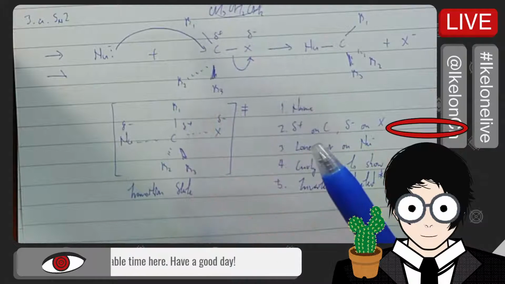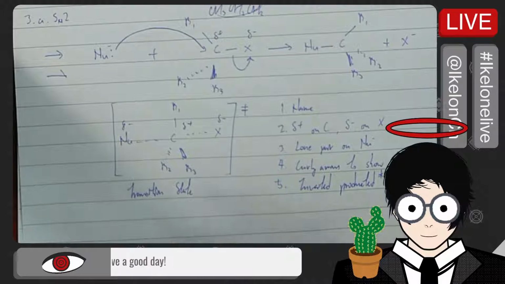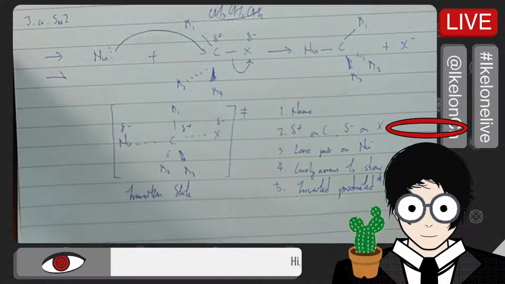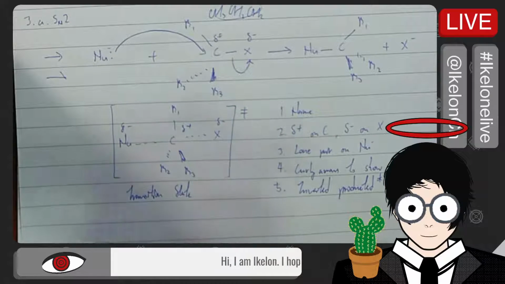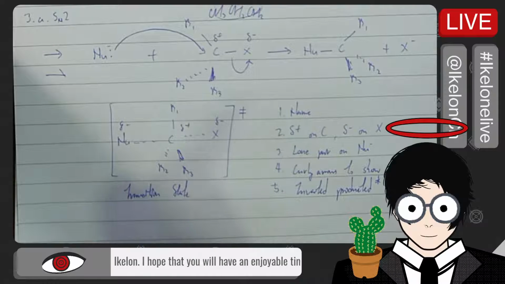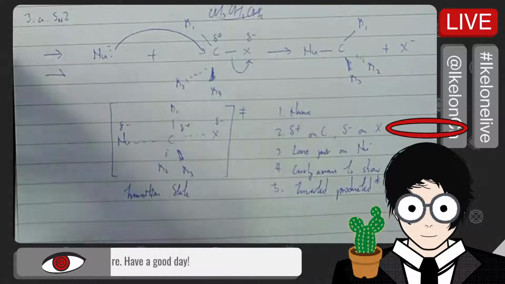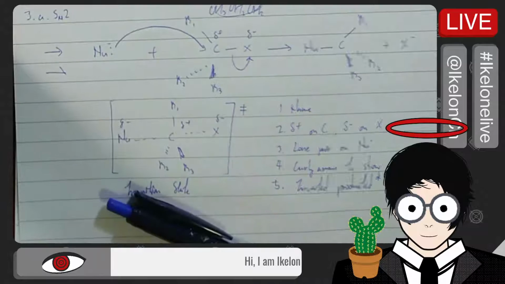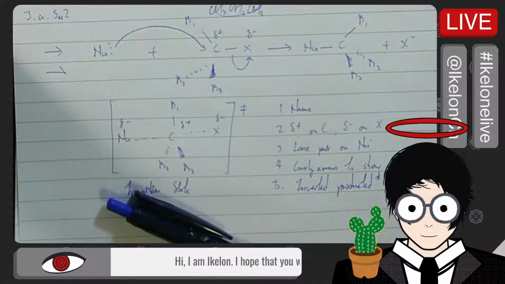If there's a lot of them, it will be hard to go through the doorway, so the reaction will proceed slowly. But if the R groups are very small, let's just say they're just hydrogen, then in this context the doorway would have a tiny 1 cubic centimeter package. That wouldn't really stop you, so the reaction will proceed quickly. So that's how it affects the reactivity.